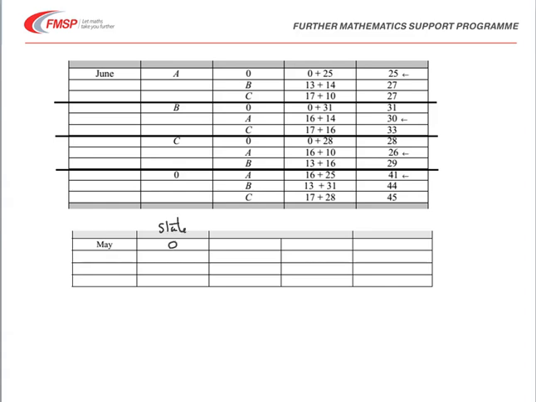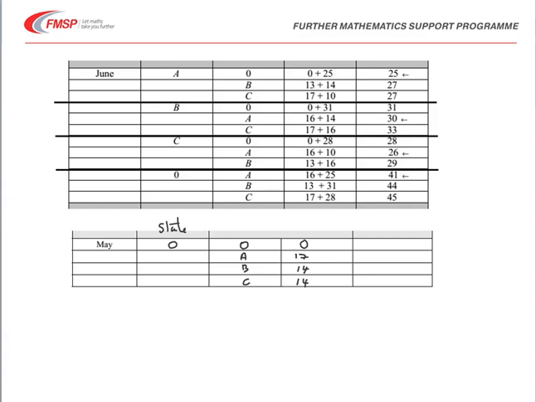So we can either do nothing in May, or we do A, B and C. And from the table of values, the values for May are 17, 14 and 14. So the costs of doing these, A is 17, 14 and 14. And of course if we do nothing, then the cost of doing that is 0.